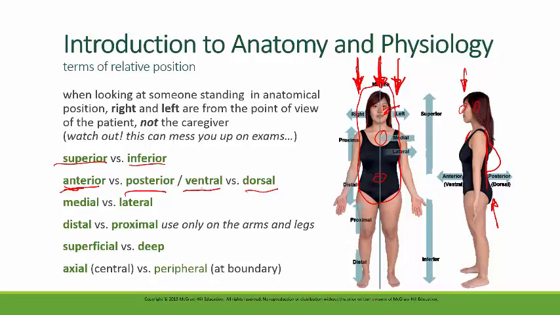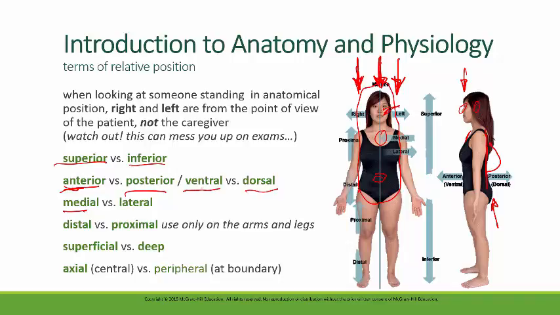So we could say that the clavicles, the collarbones, are medial to the deltoid region, the shoulders, because they're closer toward that midline than the shoulder is. We could say that the ears are lateral to the nose. So lateral means toward the edges, medial toward the middle. Med is middle.